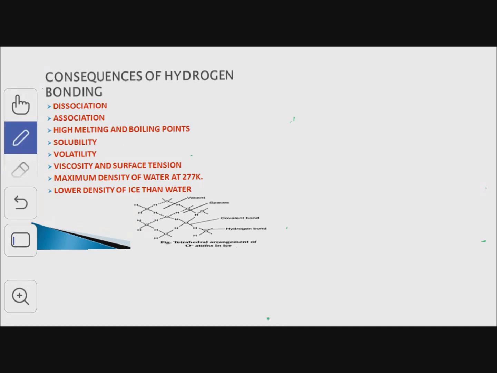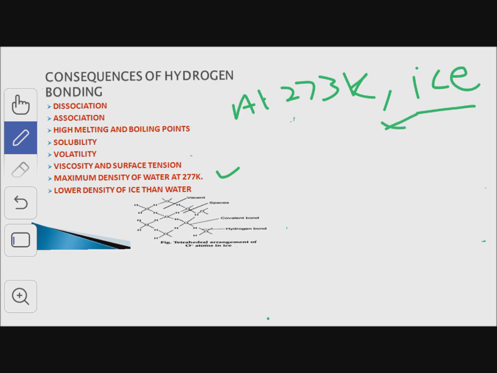Next is maximum density of water at 277 Kelvin. At 273 Kelvin, water exists as ice in which it forms hydrogen bonds and cage-like structure.